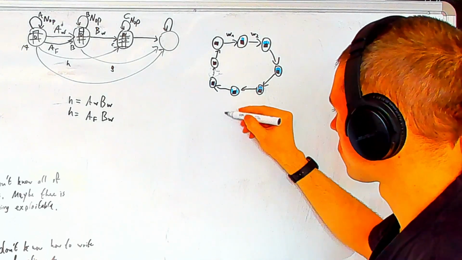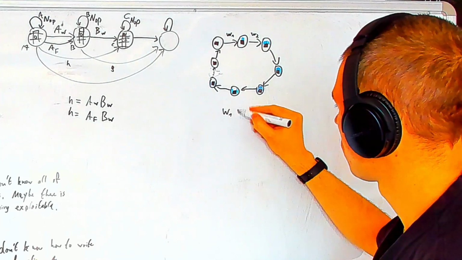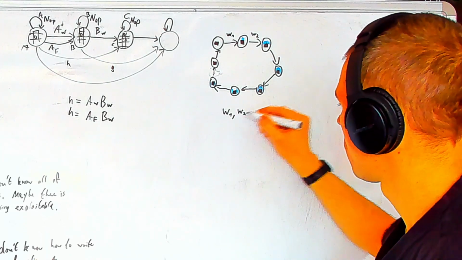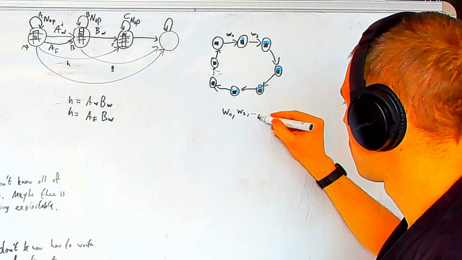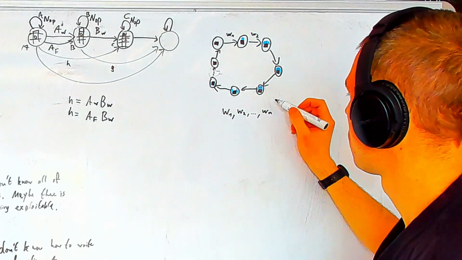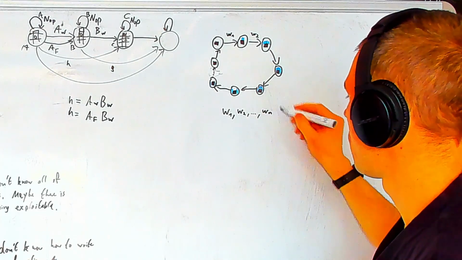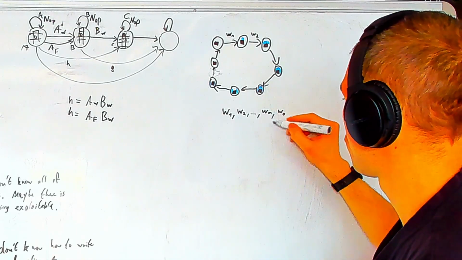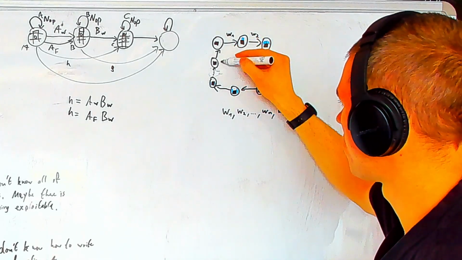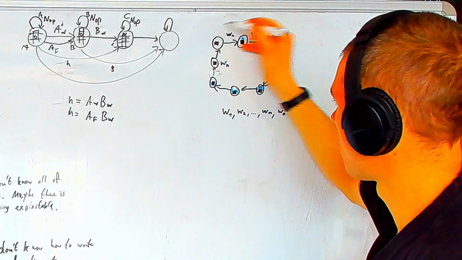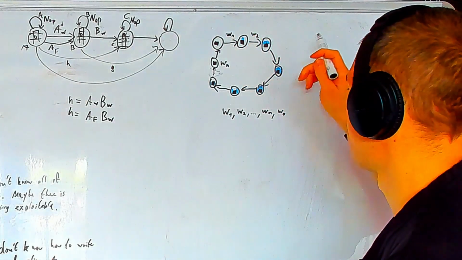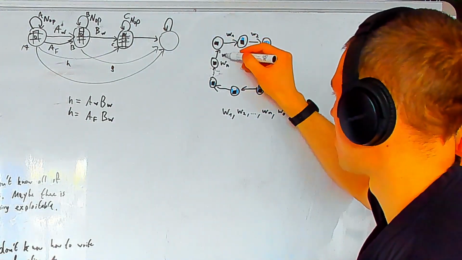Well, I guess I could just say it like this: W1, W2, up to Wn, where this is W0 and this is Wn.